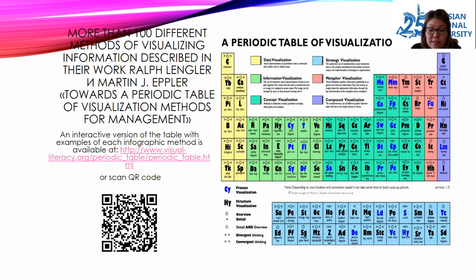The periodic table is built in two directions and consists of 6 periods: data visualization, information visualization, concept visualization, metaphor visualization, strategy visualization, and compound visualization. Each element in this table is interactive. When you hover the mouse pointer over it, it shows one specific method of visualization.